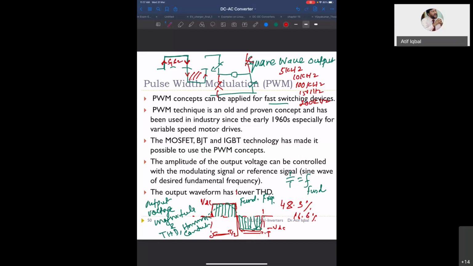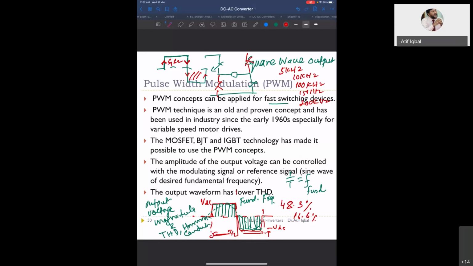So you have to have a trade-off between the switching frequency and the quality of the output voltage and output current. Very high switching frequency leads to reduced component L and C values for the filter that you will use along with the inverter.